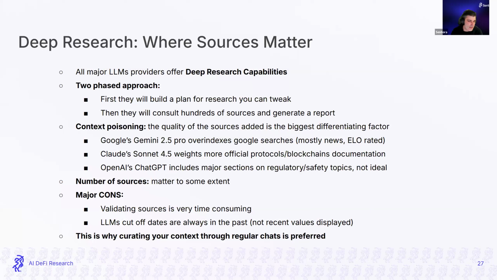The one that I probably like the least is Gemini 2.5 Pro, because it usually over-indexes on its Google searches. So it ends up picking up a lot of news materials that have been ranked highly. Usually they are not as useful, since news can be recycled material and not close to a source.